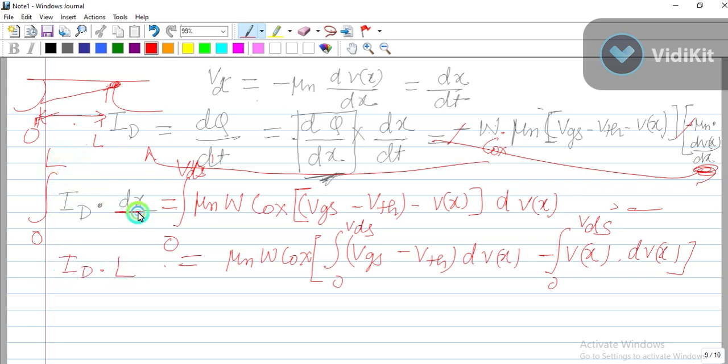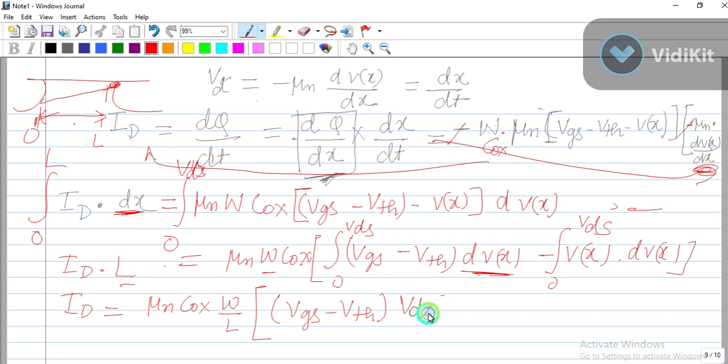The integration of this will be x, then L minus 0 will be L. So Id will be equal to mu n Cox W by L, this L will go there, and into this will be VGS minus VTH, and it will become VDS minus 0, so it will become VDS.